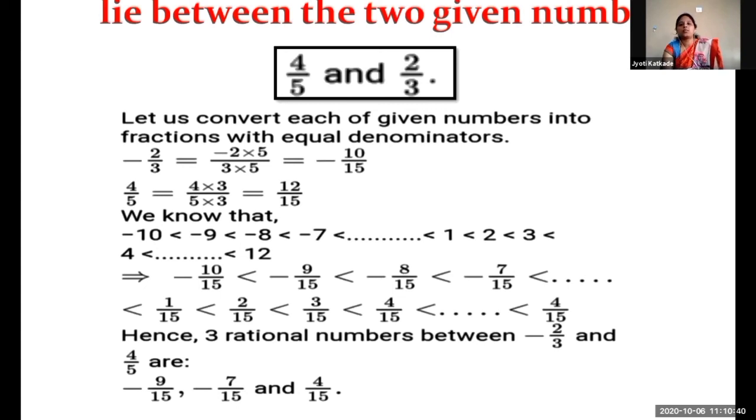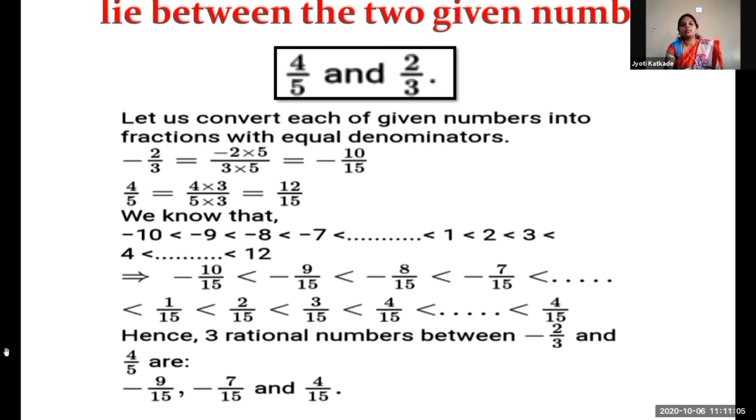Last is 12 upon 15. In the question, we are asked only for 3 numbers which lie in between 4 upon 5 and -2 upon 3. You can write any 3 numbers from these. I have written 3 numbers: -9 upon 15, -7 upon 15 and 4 upon 15. Okay.